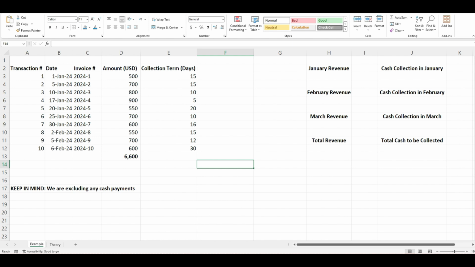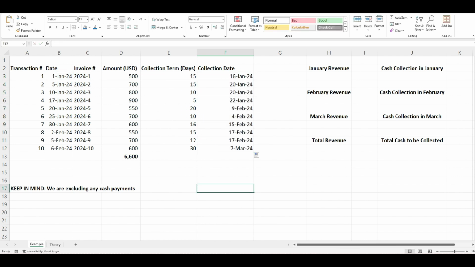We start off by finding out the collection date because every customer purchased on a certain date, however, he has a specific collection term. Thus, we calculate the collection date, and that would be the date of the transaction plus the collection term, and we apply all over.